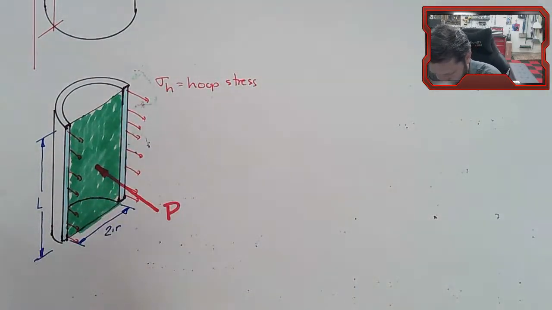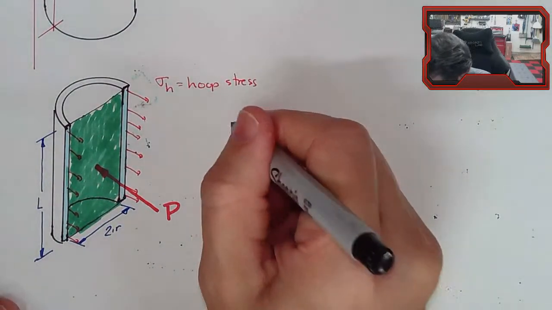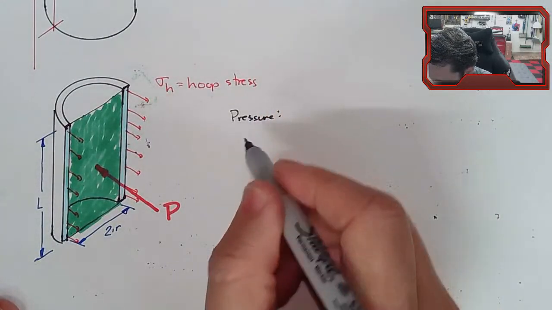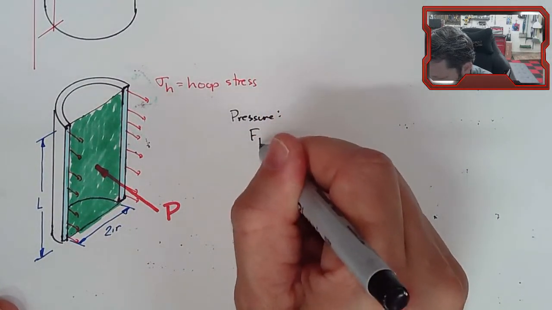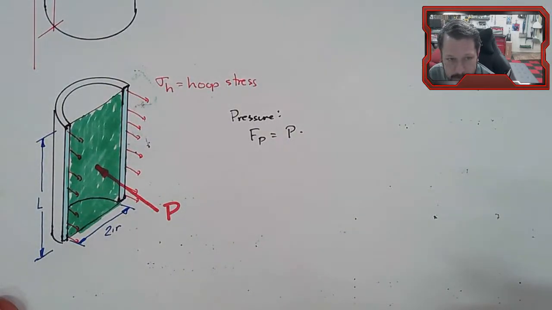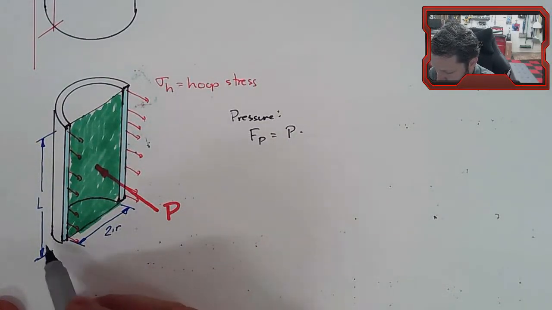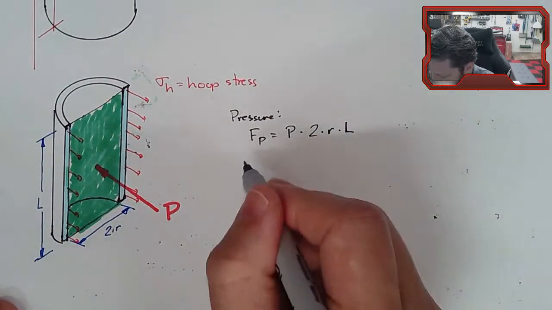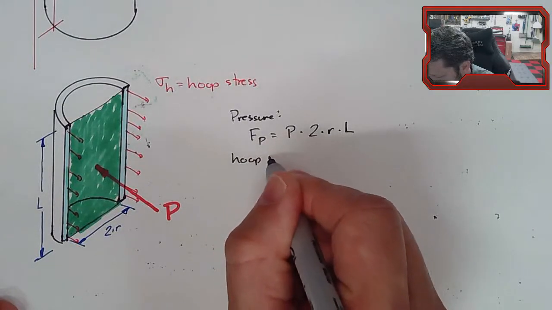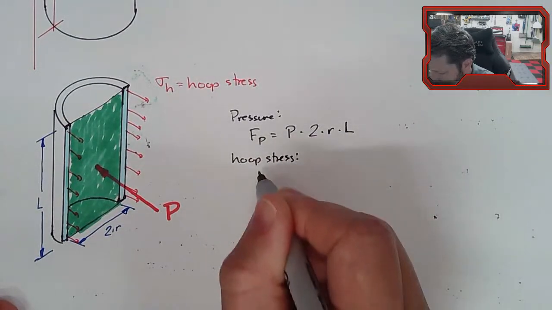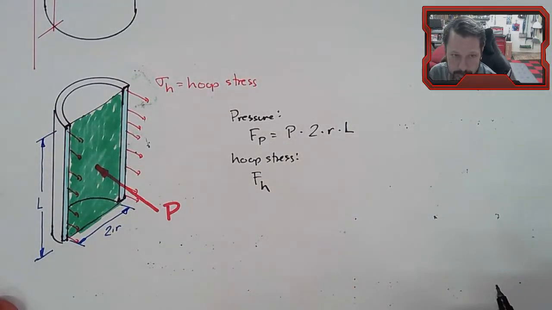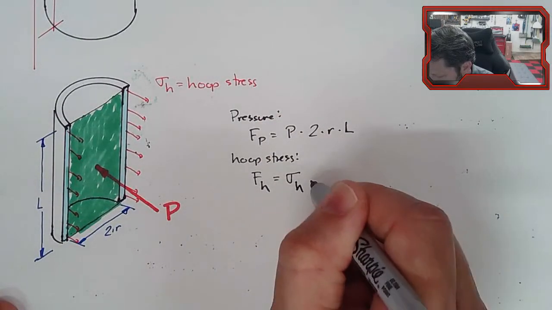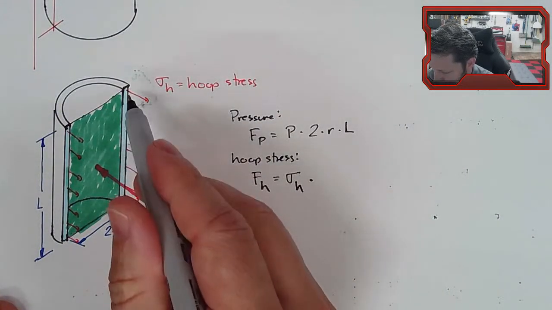So for the pressure, we have the force associated with the pressure equals the pressure times the area that the pressure acts on, which is 2R times L, just this green rectangle. And then for the hoop stress, we have the force associated with the hoop stress, which we'll call FH, equals the hoop stress, sigma H, times the area that it is spread over, which there's two of them.